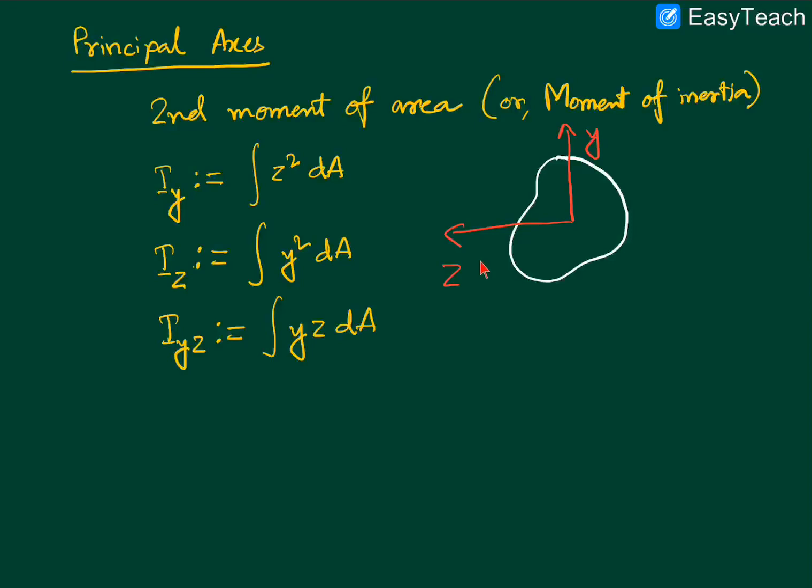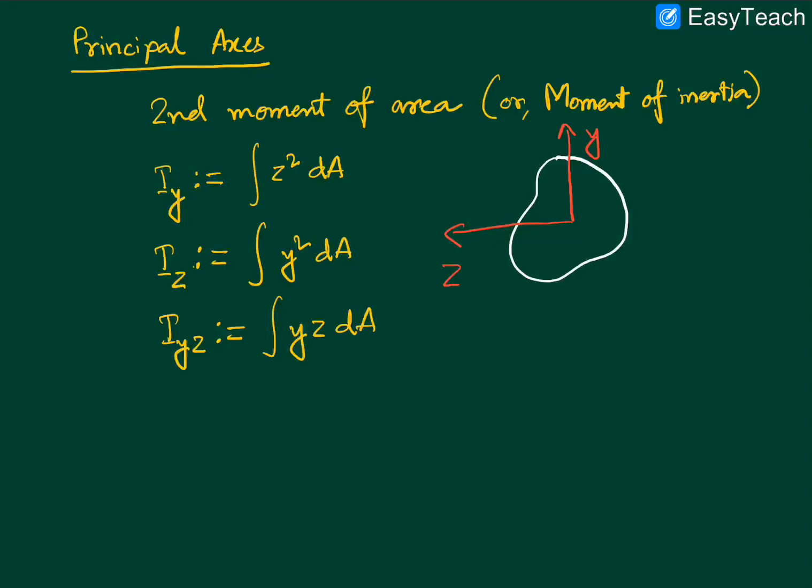So if we keep on rotating this y and z axis, maybe shifting the origin, the values of Iy, Iz, and Iyz are definitely going to change. Now, if it so happens that we choose our y and z axis in such a fashion that the value of Iyz turns out to be 0, then in that particular case, the y-axis and the z-axis will be referred to as the principal axis.